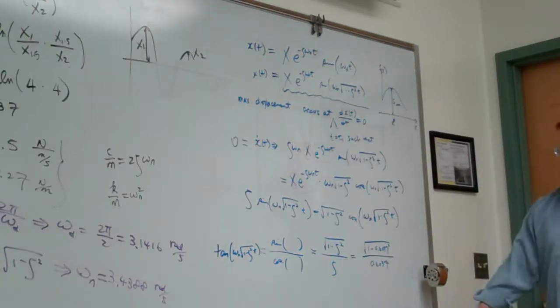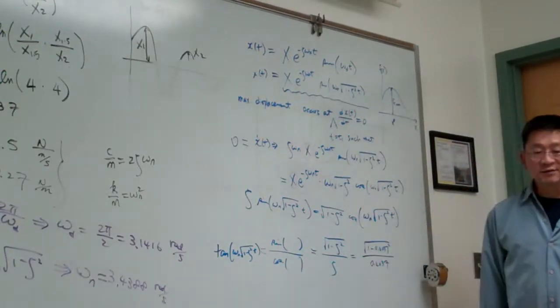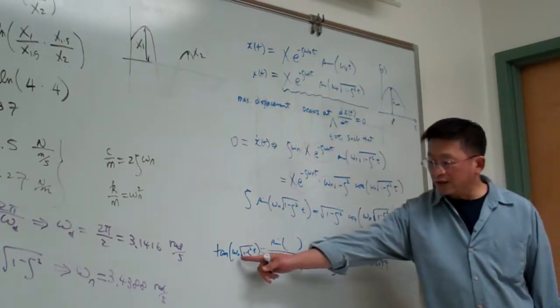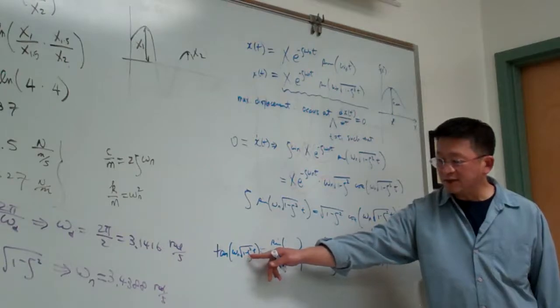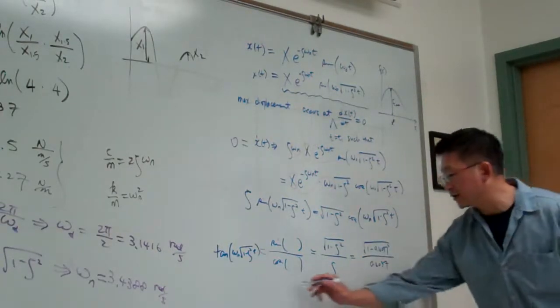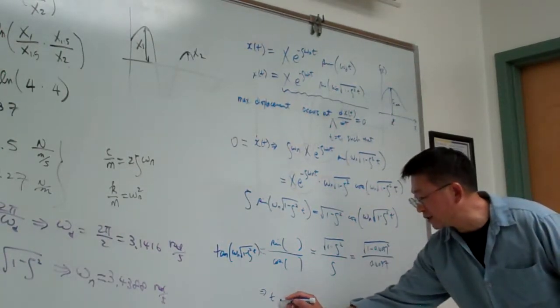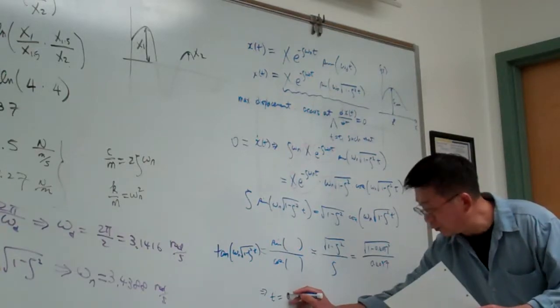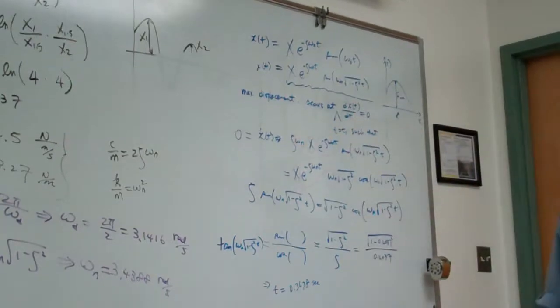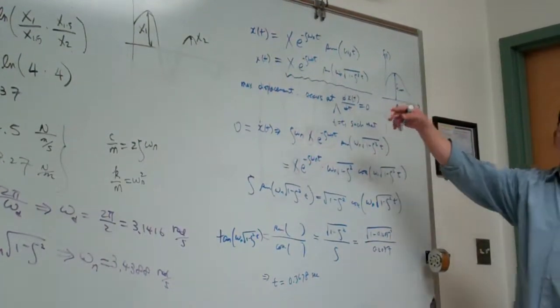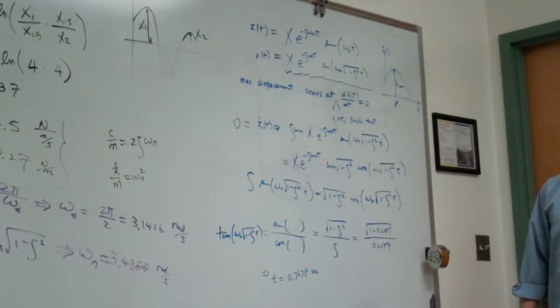So basically here is a tangent. We can take our tangent, and within the argument of the tangent omega n and zeta are known. So from here we can solve for t, which will be equal to 0.3678 seconds. So that is the moment when the maximum displacement will occur.